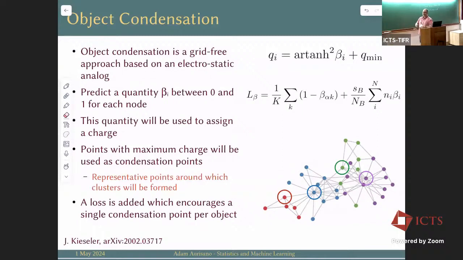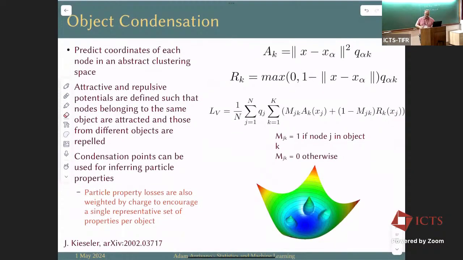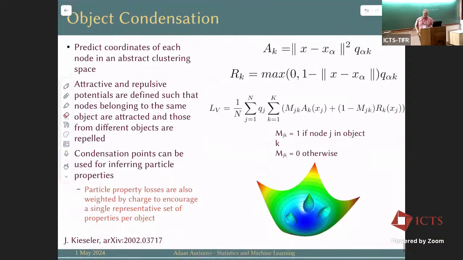This sort of loss tends to produce a mapping where you can draw little circles around clusters in that space, and those clusters correspond to particles. This is being actively pursued at the LHC and we're working on it for neutrino physics. This is just an example of what the potential you're minimizing looks like.